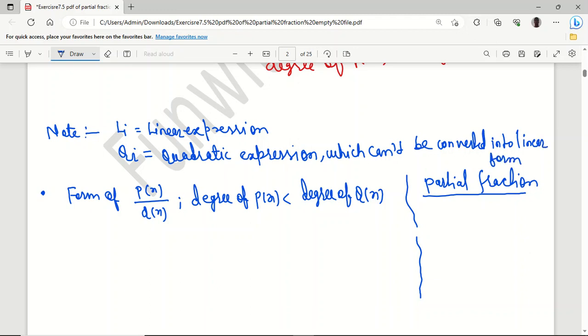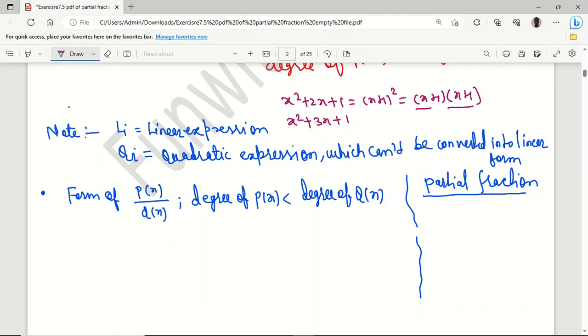I'm giving you an example. If you have a quadratic expression like x squared plus 2x plus 1, we can write it in the form of (x plus 1) whole squared. Basically it can be converted into (x plus 1) into (x plus 1). So here I'm able to write this quadratic expression in the form of two linear expressions, so we are not considering such quadratic expressions. Q_i are those quadratic expressions that we cannot convert into the form of linear ones, like x squared plus 3x plus 1.